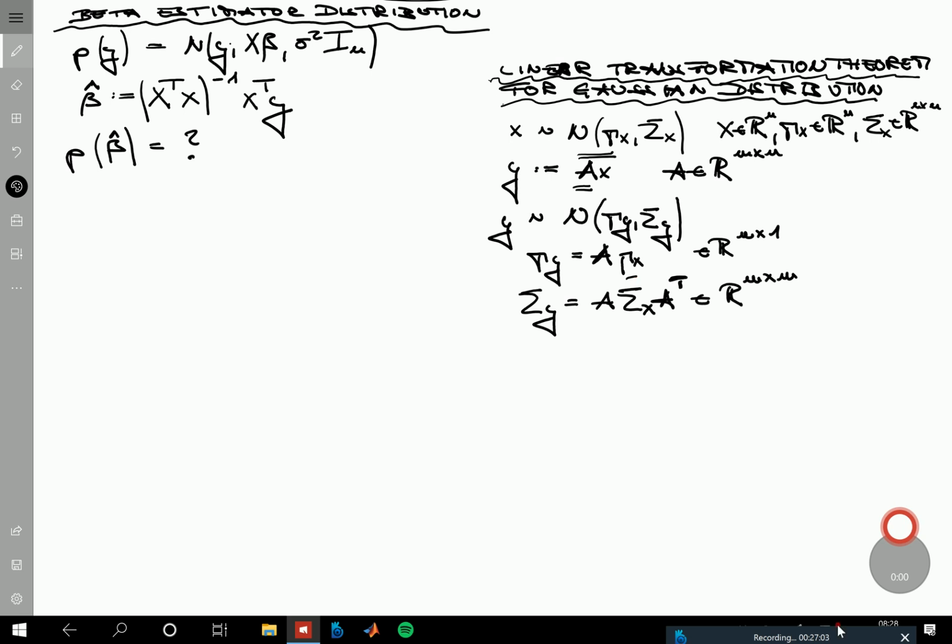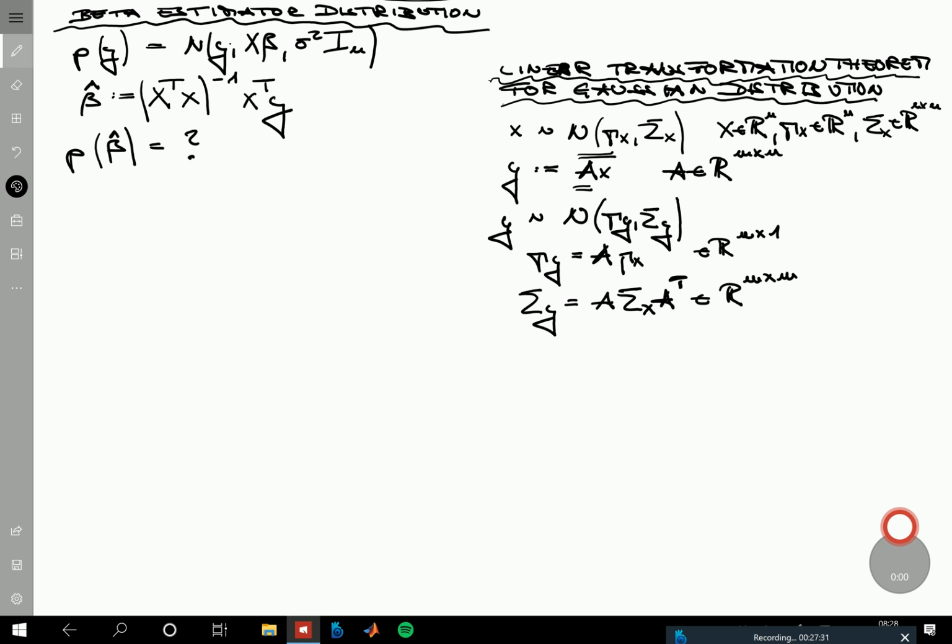So this linear Gaussian transformation theorem, you find that under the Gaussian section in the lecture script. It's not proven. It's actually not hard to prove if you looked at the statistics for data science, where we discuss random variable transformation in much more depth. Then you see that it is fairly straightforward to show this linear transformation theorem.